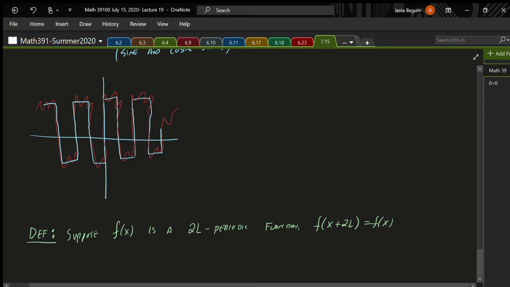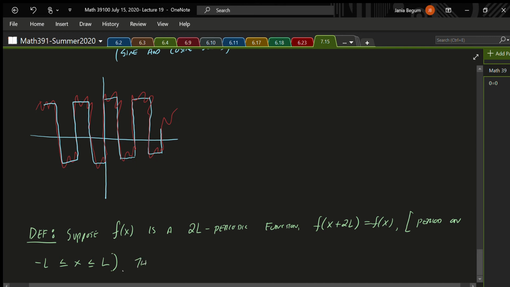So every period of 2L, it's going to recycle itself. So we're looking at a symmetric interval, negative L to L. Okay?